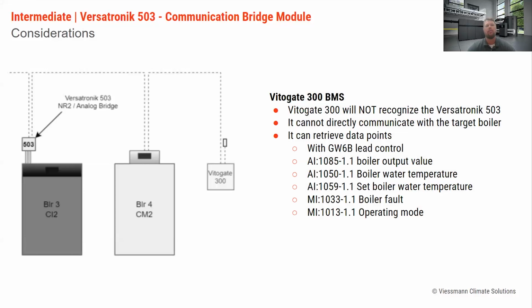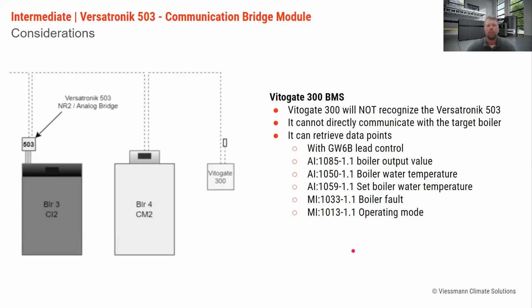Now the VitoGate 300 BMS, so our BMS integrator that was used for all of our LAN participants and LAN controls, it will not recognize a Versatronik 503. It cannot directly communicate with the target boiler. It can retrieve data points.